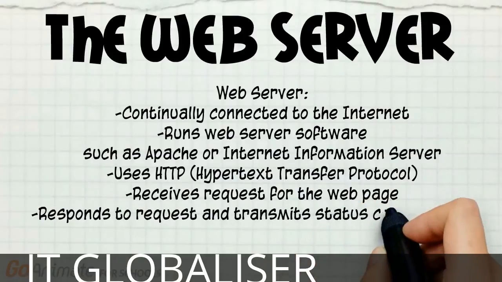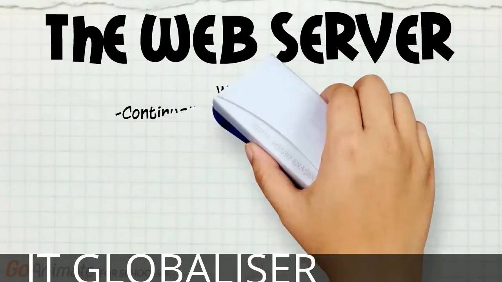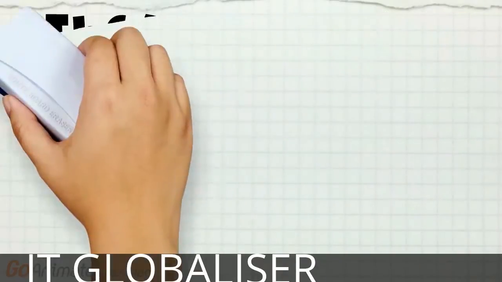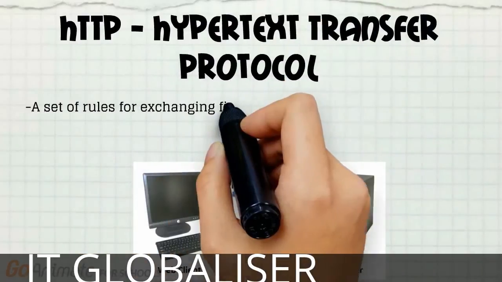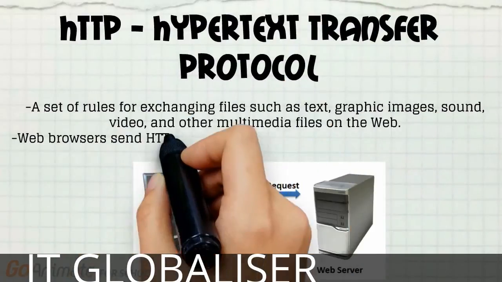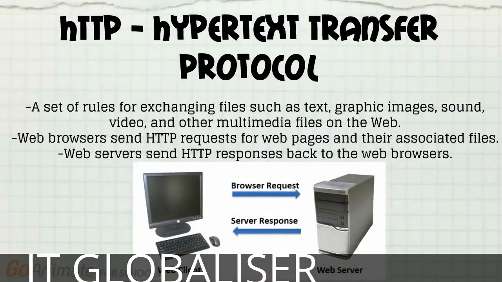It uses HTTP, Hypertext Transfer Protocol. HTTP is a set of rules for exchanging files such as text, graphic images, sound, video, and other multimedia files on the web. Web browsers send HTTP requests and the server replies.